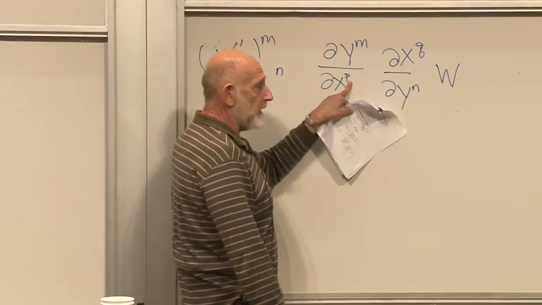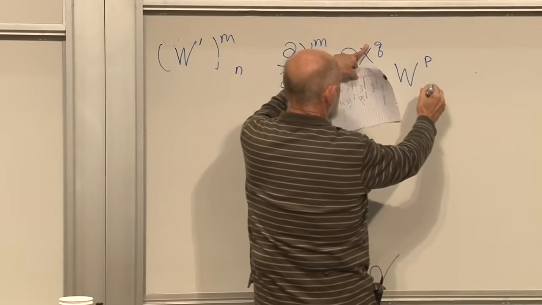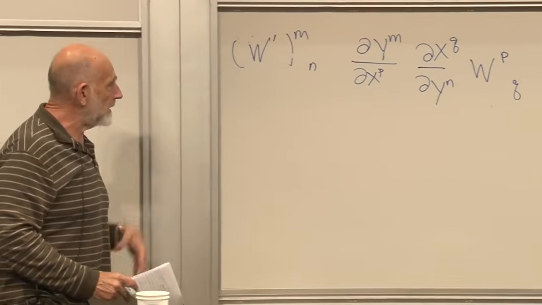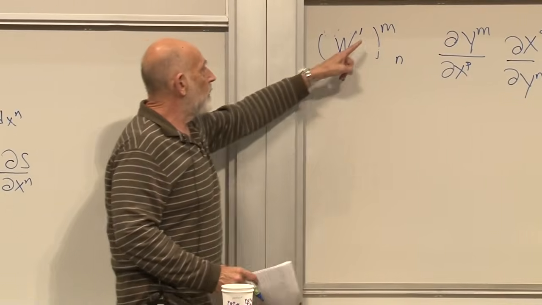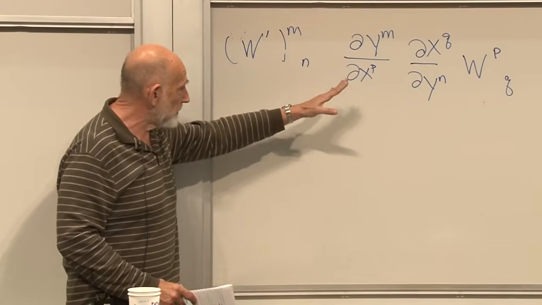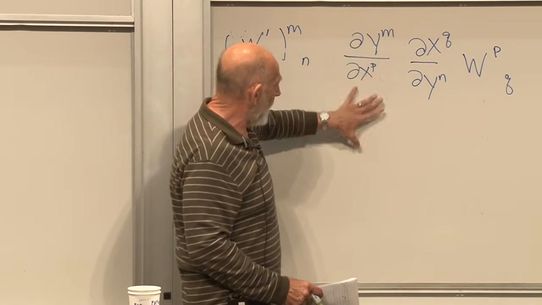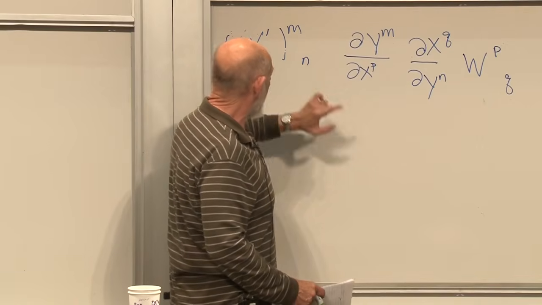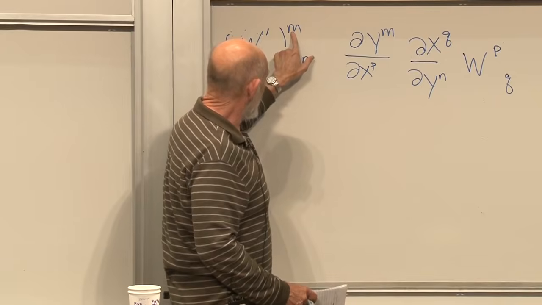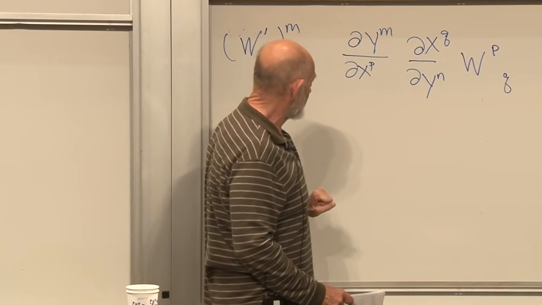There's a p downstairs, there's got to be a p upstairs here. There's a q upstairs, there's got to be a q downstairs. So this tells me how a tensor of rank 2 with one contravariant and one covariant index transforms. For each index, there's a dy by dx or a dx by dy, and you simply track where the indices go. M upstairs, n downstairs.